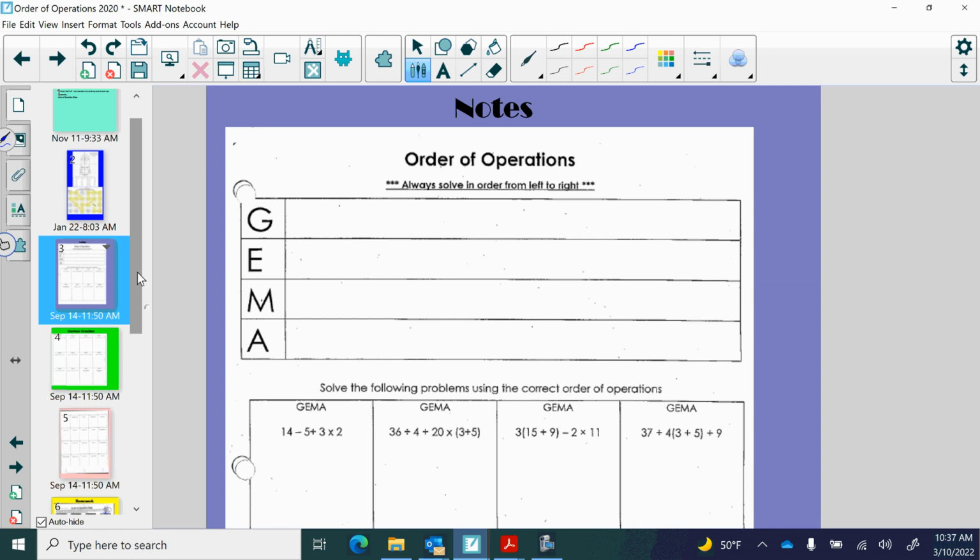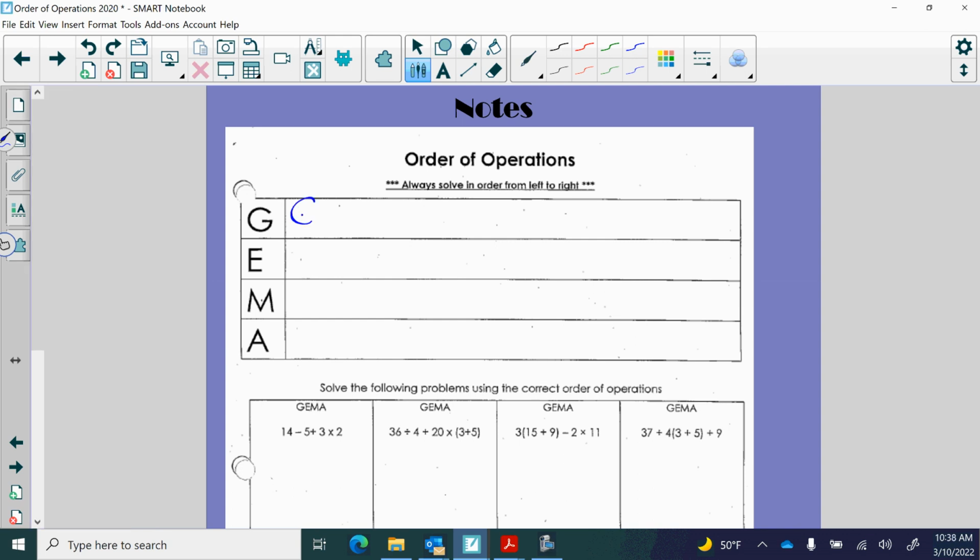So G, I kind of gave you a hint. What do you think the G stands for? Grouping symbols. Okay? So G is groupings. So we have several grouping symbols. One of the most common, and why it used to be the way we said it, was parentheses.